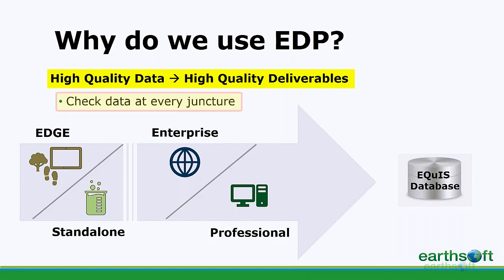They're really the first round, the first level of checks that are performed on those data, again, whether it's field or analytical chemistry from your laboratory. Once the Field EDP and Standalone EDP complete their checks, the final say is had by either Enterprise EDP or Professional EDP. So you're getting a second round of checks that are linked directly to your database. Once it passes those checks, EDP will allow you to commit those data to the EQuIS database schema.